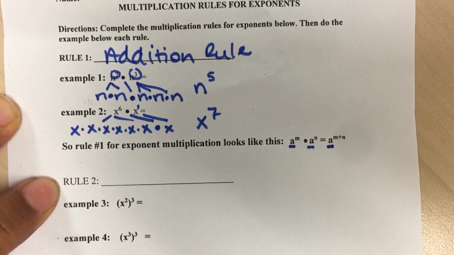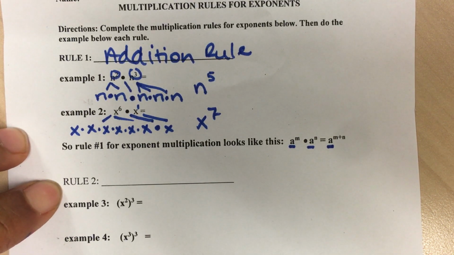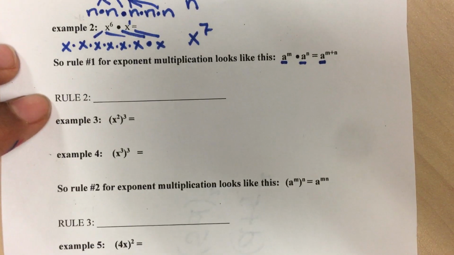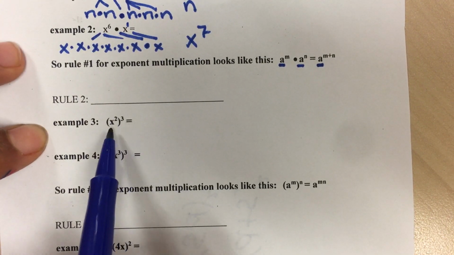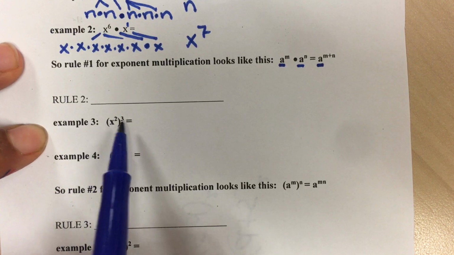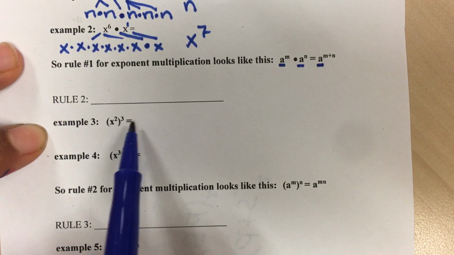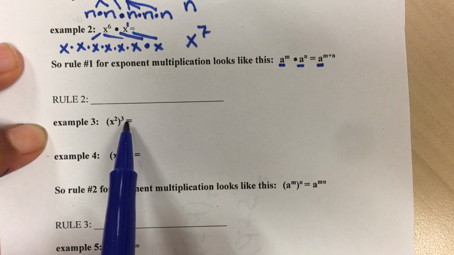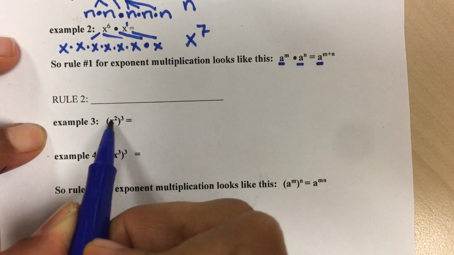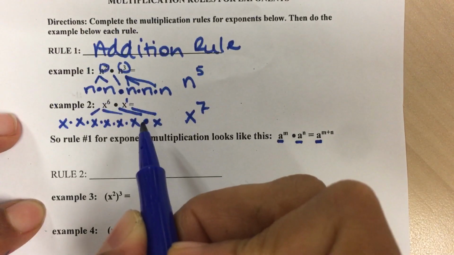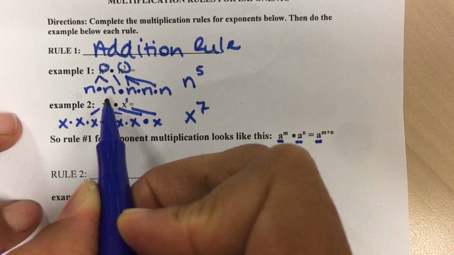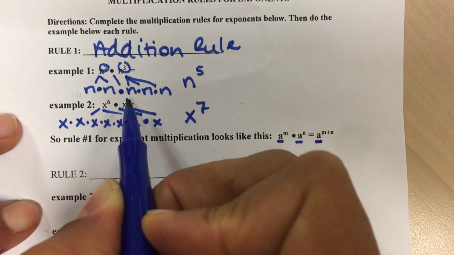Okay, moving on. Rule number 2. Let's see what happens here. We've got x squared to the third power. So you see you've got 2 exponents riding on the same base. That differs from these type of problems where we had same base with its own exponent times same base with its own exponent.